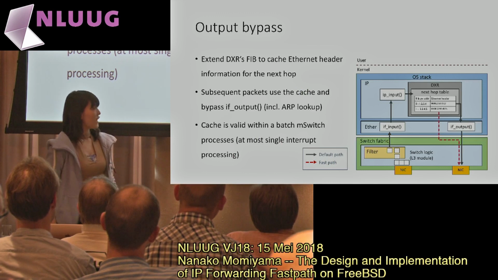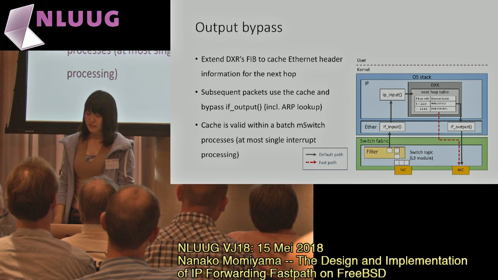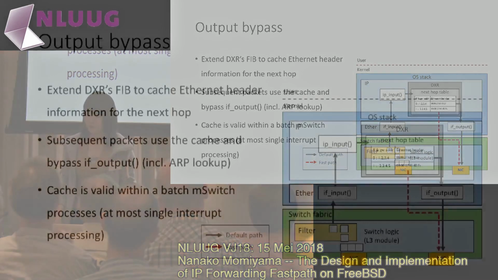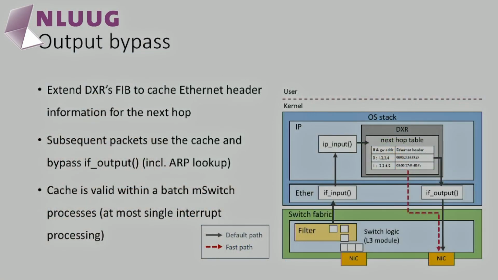For output bypass, we extended our DXR table to store Ethernet header information corresponding to the next hop IP address. So once the MAC address is cached, subsequent packets can use the Ethernet header cache information and can bypass the Ethernet layer routine, including the ARP lookup.